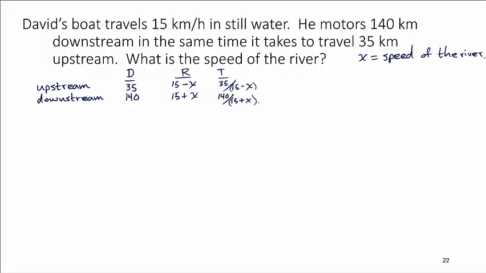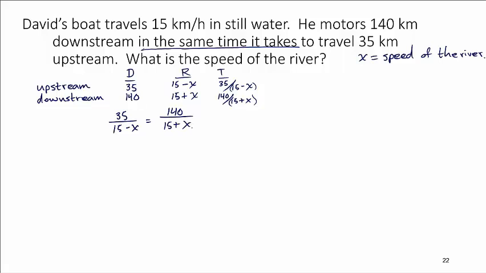Now key words: he motors 140 kilometers downstream in the same time it takes to travel 35 kilometers upstream. So that means that the upstream time and the downstream time are equal, right? So I'm going to have 35 over 15 minus x equal to 140 over 15 plus x.